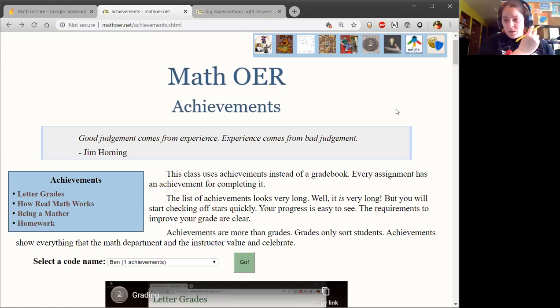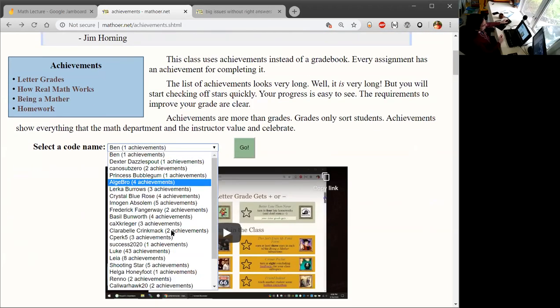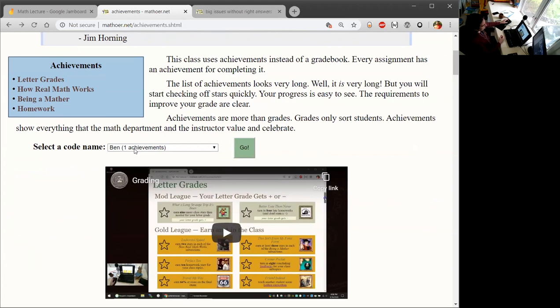So I have a question about the name. Are you just wanting me to send you a message about my code name, or how do I go and do that? If you don't have a code name yet, just give me one. So I need something here so you can look up how you're doing. And it needs to be somewhat anonymous, because this isn't a Moodle site that only people in the class can see.